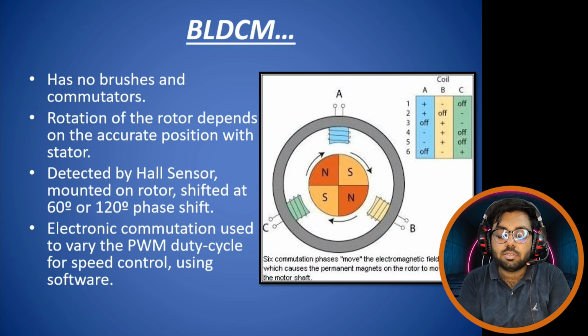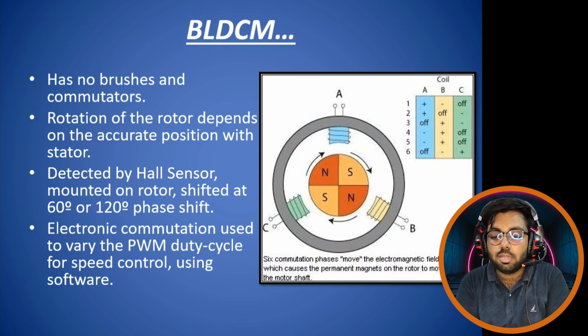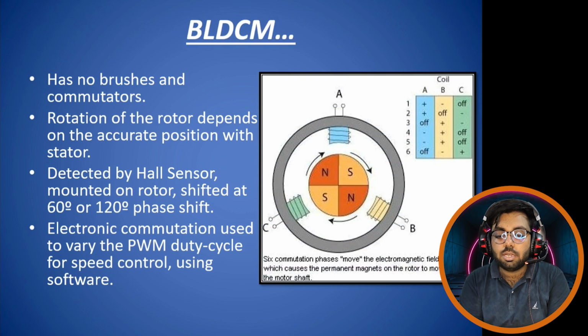Brushless DC motors or BLDC motors do not have brushes and commutators. The rotation of the rotor depends on its precise position relative to the stator, which is detected by a Hall sensor. This sensor is mounted on the rotor and operates with a phase shift of 60° and 120°.